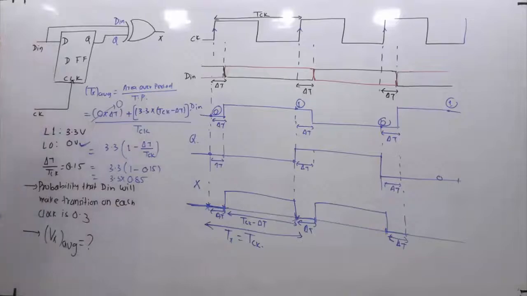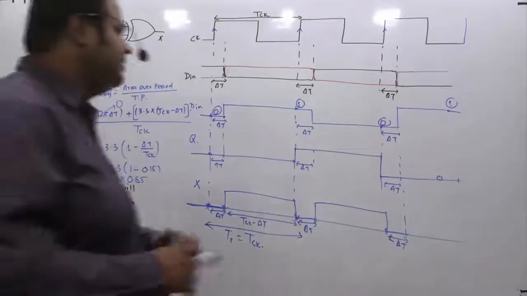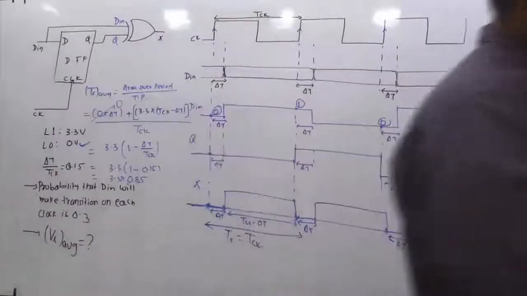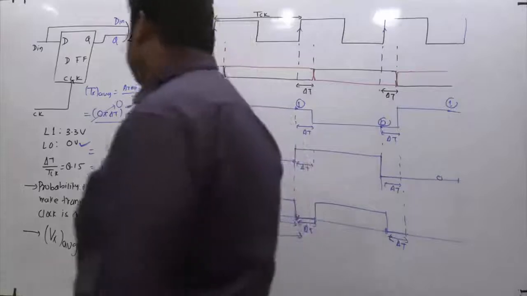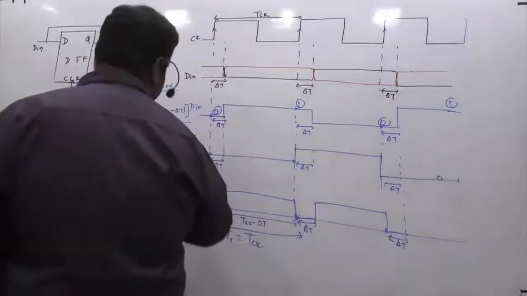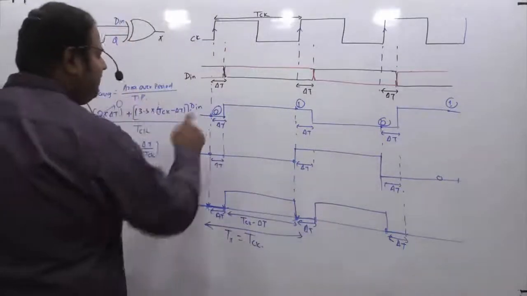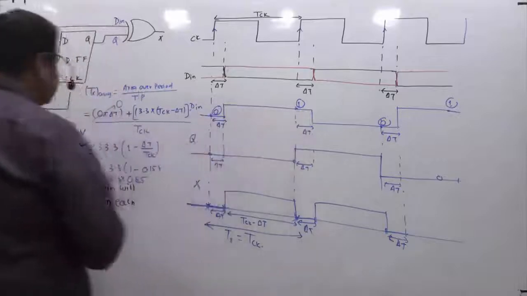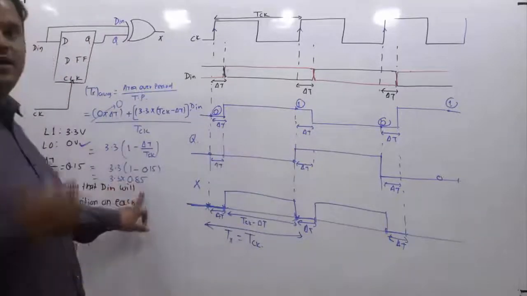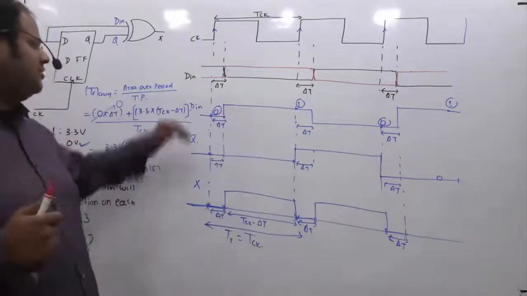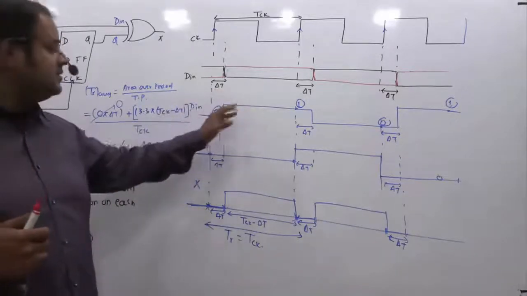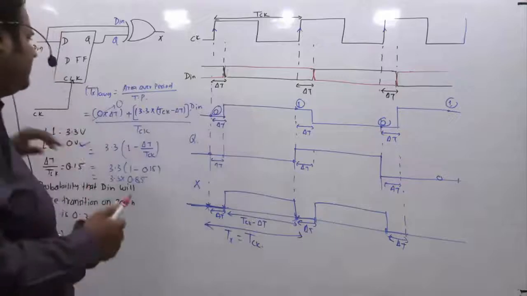But whatever answer you get seems like it will be the answer, but that won't be the final answer. Why? If I say this is my final answer, then I am confirming that this is happening every time. That means in every clock this transition is happening, which is not the information given in the question.